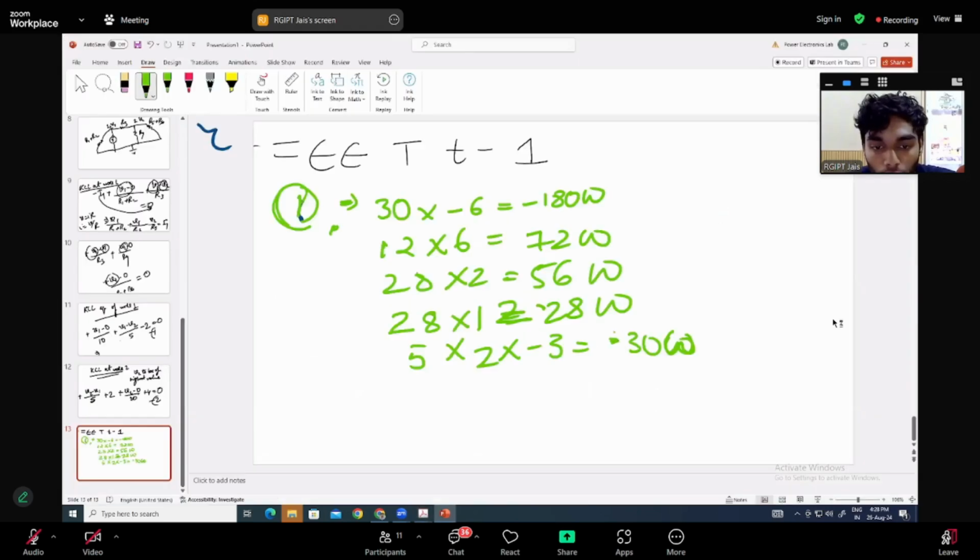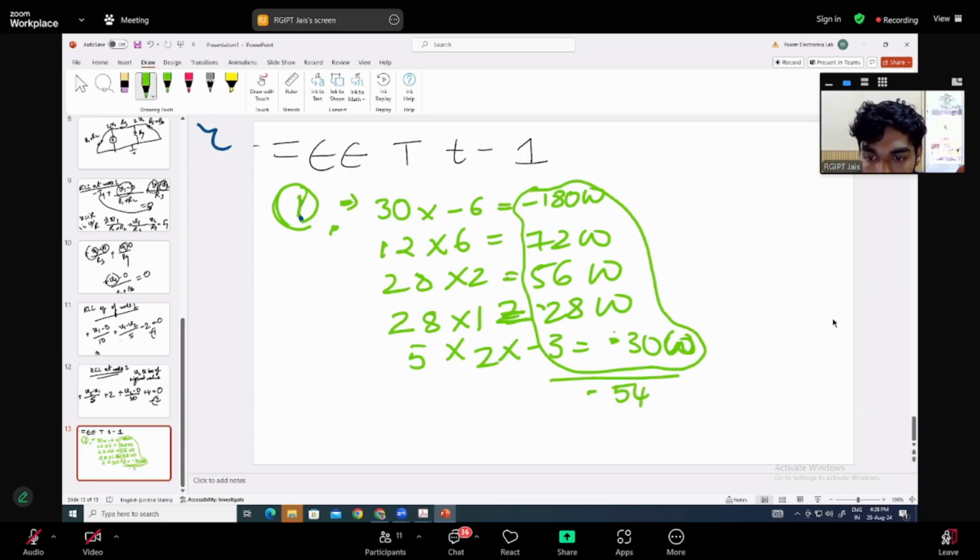Here we have to follow this rule. The power absorbed by all the elements in any circuit is equal to 0. So first we'll add up all the powers which we have got, and we'll get a total of minus 54 watt.